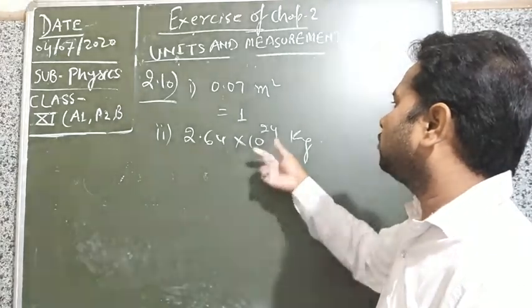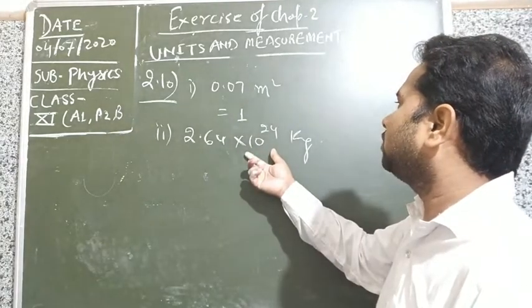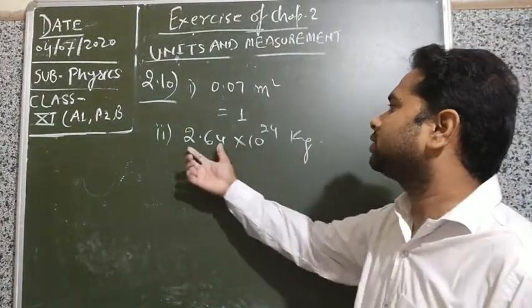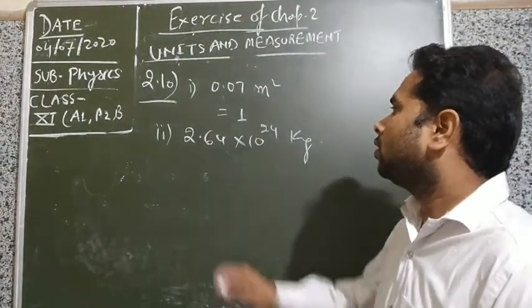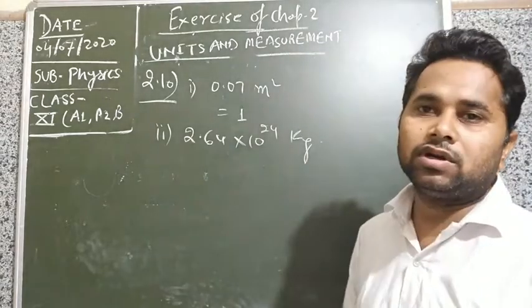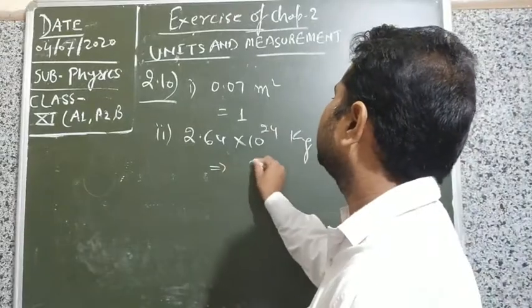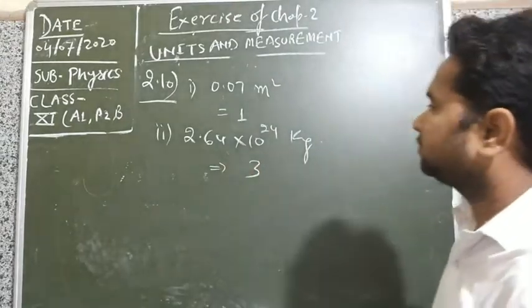And 10 to the power 24 is given for conversion of one system of unit into another system of unit. So only 3 digits are there for significant figures. So it has only 3 significant figures.